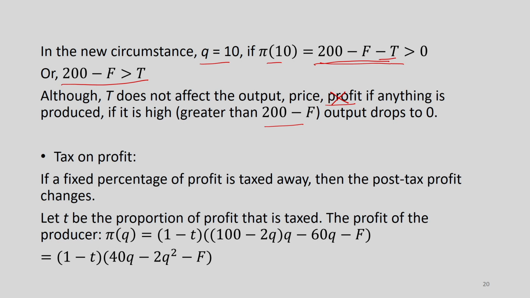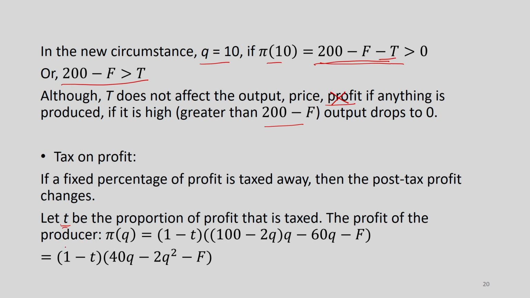Okay, the second question is tax on profit. If a fixed percentage of profit is taxed away, then the post tax profit changes. Suppose small t is the proportion of profit that is taxed.